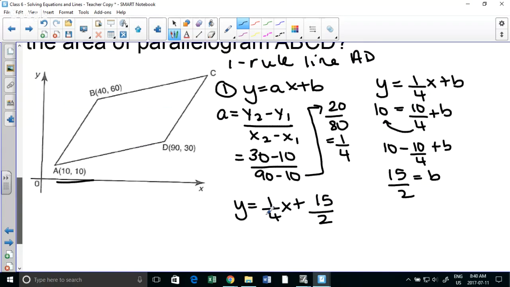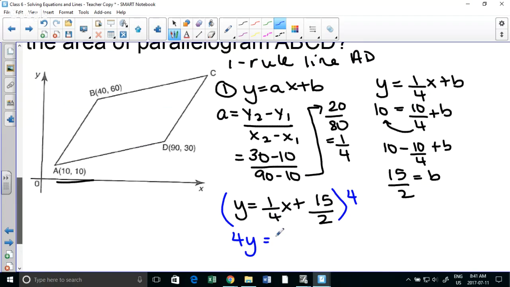So we need this in general form though, so we can't use it the way it is. If we remember, general form has to have no denominators. So the first thing I do here is multiply by whatever's going to get rid of my denominators. In this case, I'm going to choose 4. So the 4 distributes to each of the terms. So 4y.